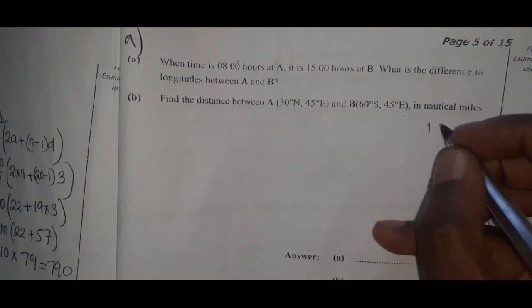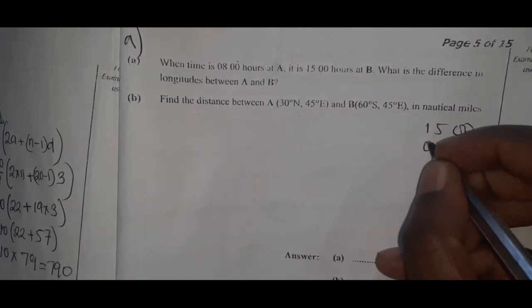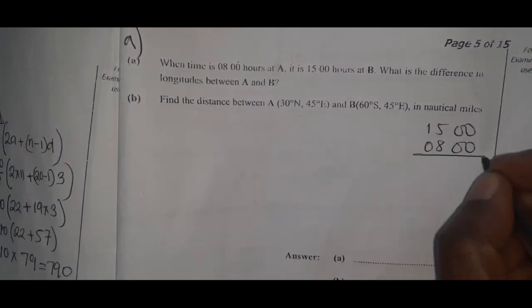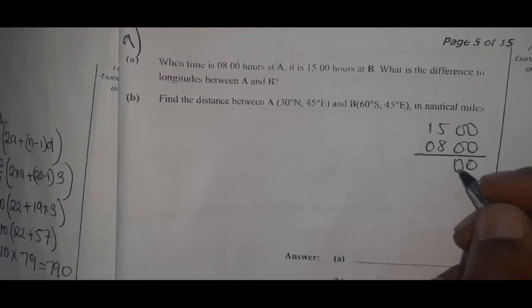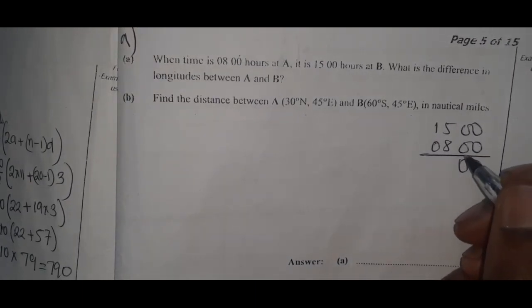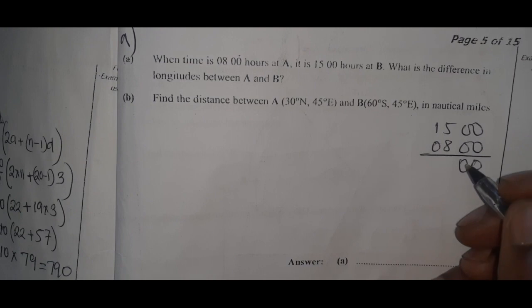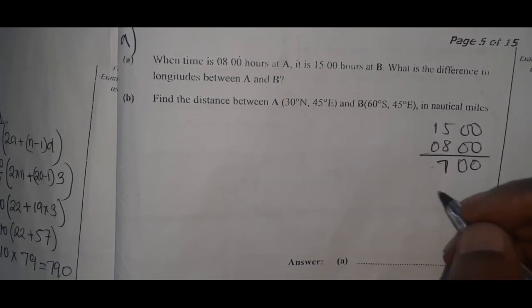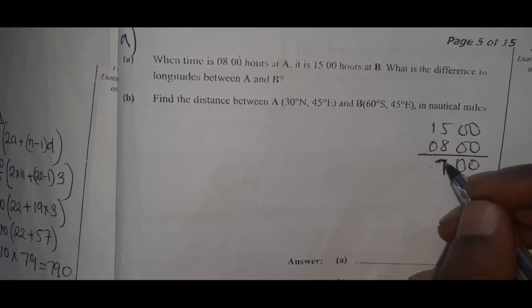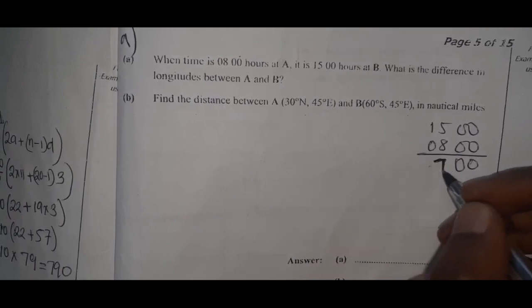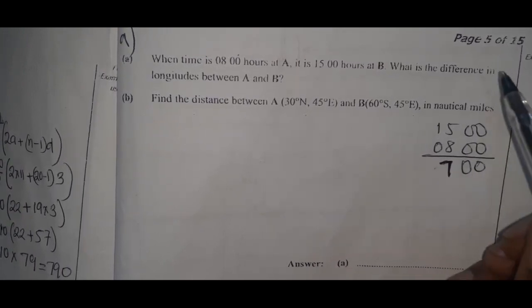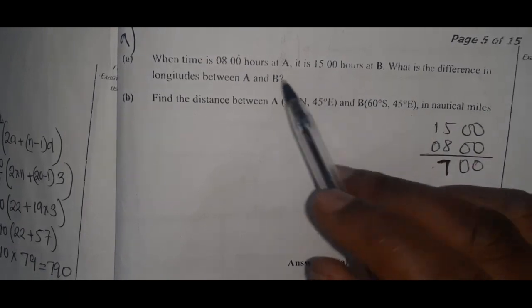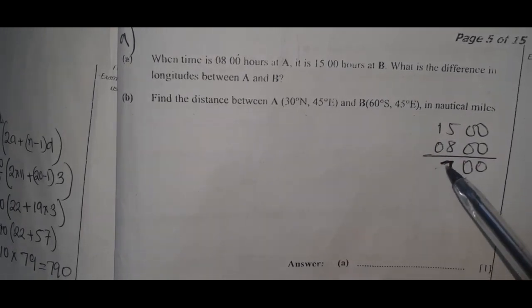You can say 15 hours minus 08 hours. What are we getting? Okay, let's subtract. This is going to give us 7, isn't it? So we're getting 7 hours difference. The difference in time between these two places is 7 hours.